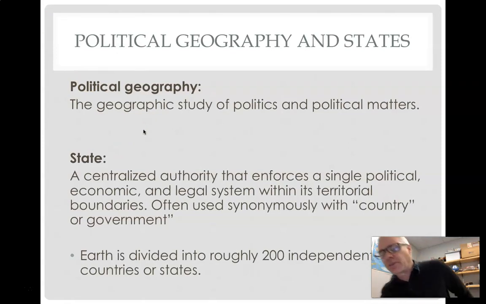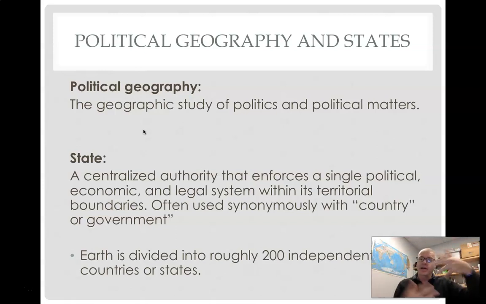A lot of times it's about how political apparatuses, like governments, try to manage space, why borders are put where they are, but also looking at patterns in voting behavior, as well as how different countries interact with each other across space around the whole world. That's what we're going to be getting into here the next couple weeks.